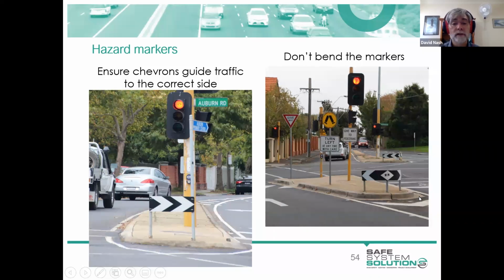I think in rural areas, the guidelines recommend 10 meters back from the nose. And the reason for that is to avoid too much damage from drivers who might mistakenly drive over it. So, and while we're there, the turn left at any time with care sign has been taken out of the standards.